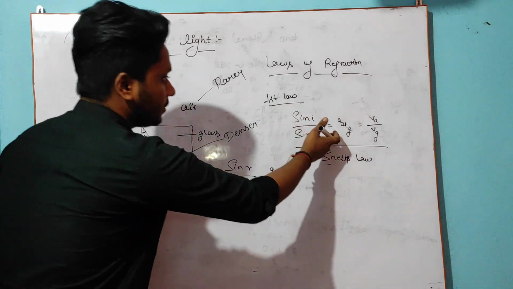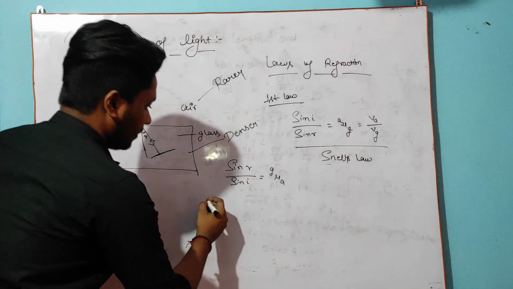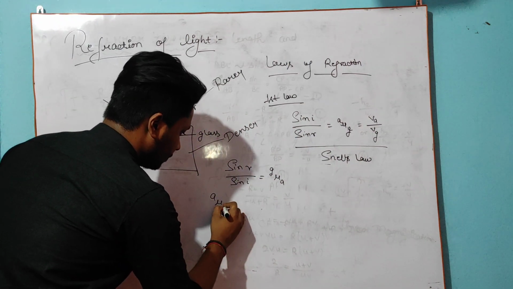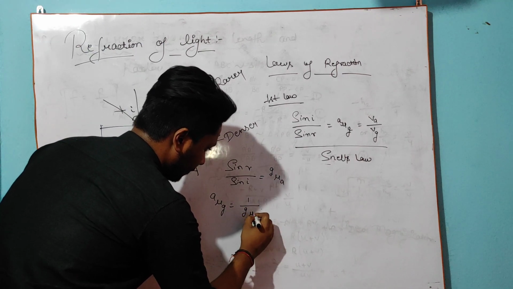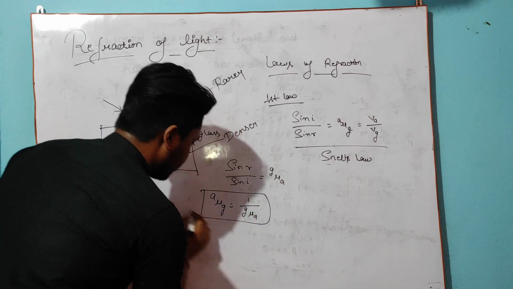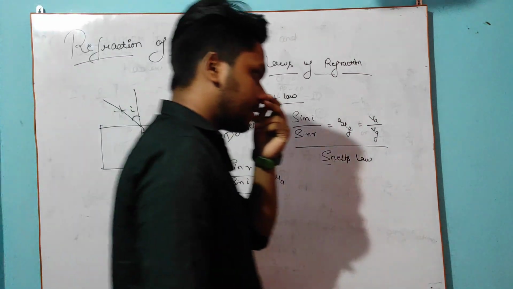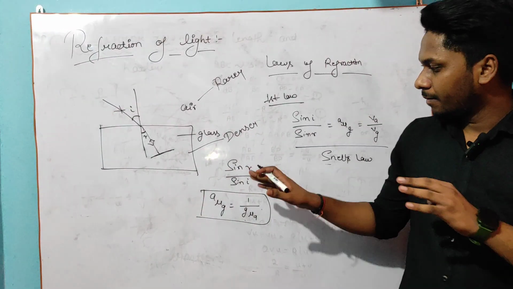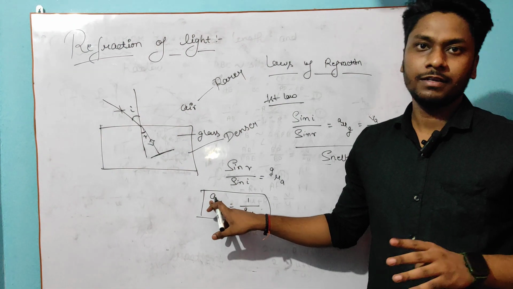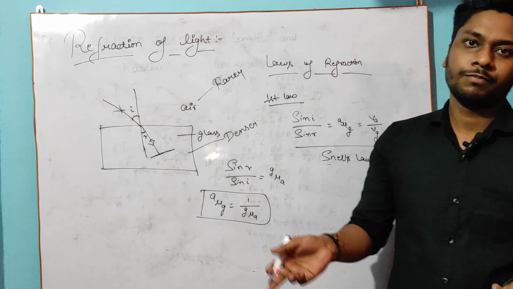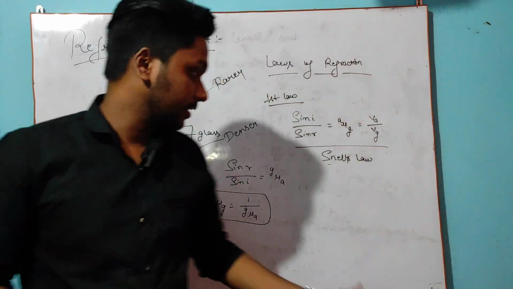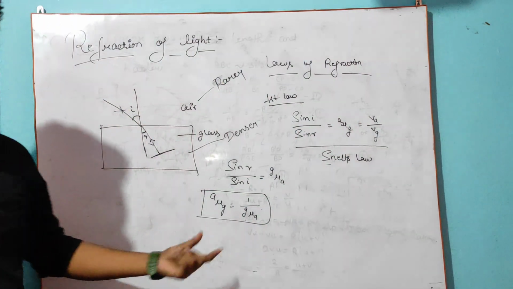Now, if we multiply these two equations, we get a mu g is equal to 1 upon g mu a. That is, the refractive index of medium 2 with respect to medium 1 is equal to 1 upon the refractive index of medium 1 with respect to medium 2, and this is the principle of reversibility.